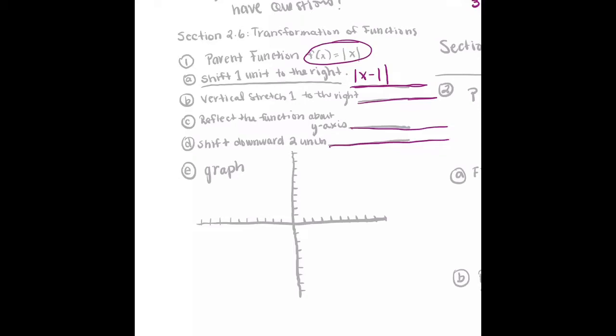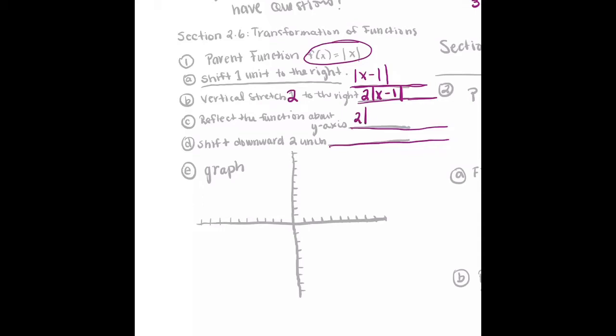And then when you have a vertical stretch, we're going to make that a vertical stretch of 2. That's a mistake. When you vertically stretch by 2, that goes out front of the x. And then when you reflect about the y-axis, it's always inside or right with the x.